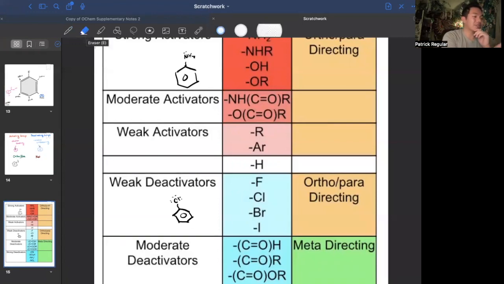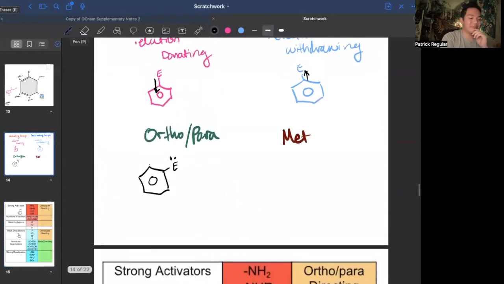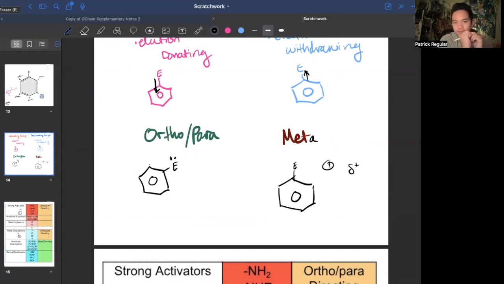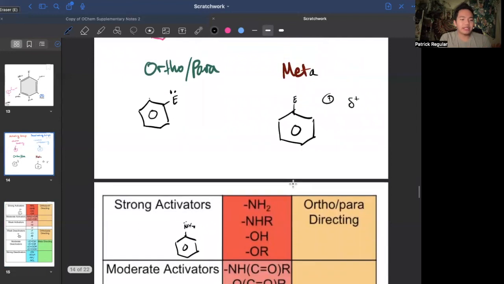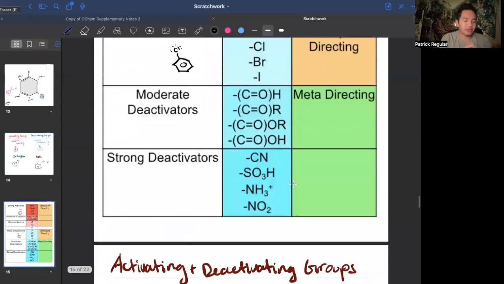Conversely, meta directing means that your substituent has a positive charge or a partially positive charge. If it bears a positive charge, it cannot make another pi bond with that future positive charge. It's partially positive or positive formal charge.